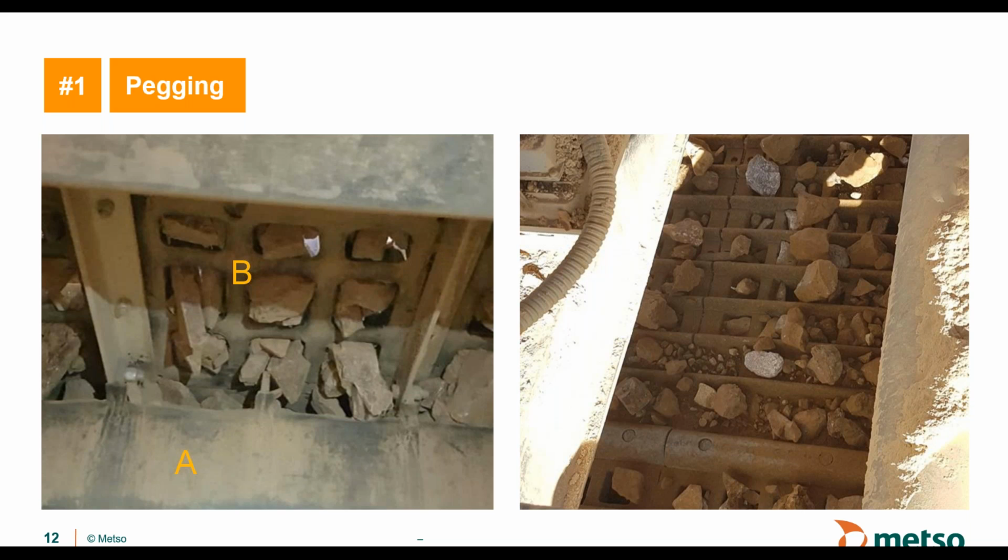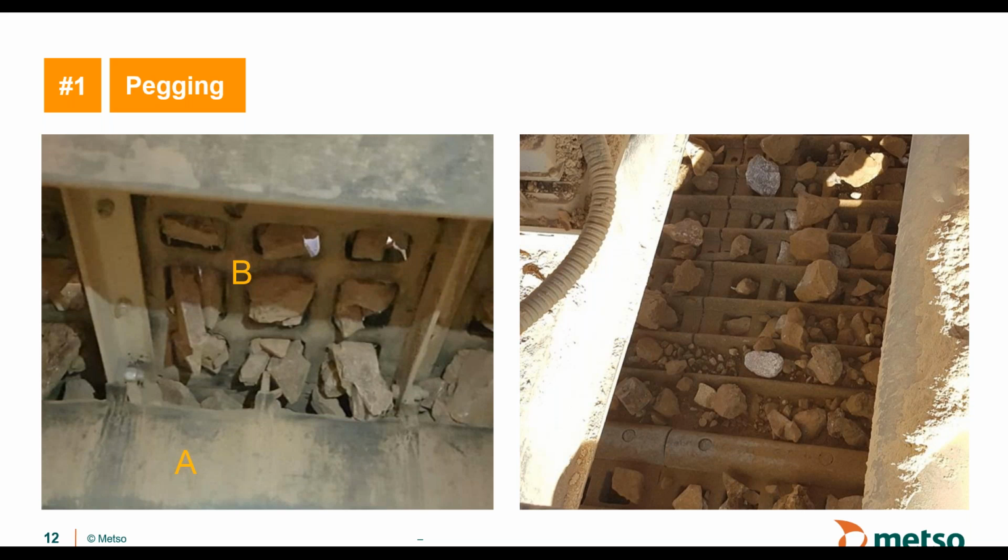Well, if you go to the left-hand side picture, that is actually a photograph taken from underneath the screen deck. The right-hand side picture is from above the screen deck, and the left-hand side is from underneath. And what you can see here, item A, that's the crossbeam.